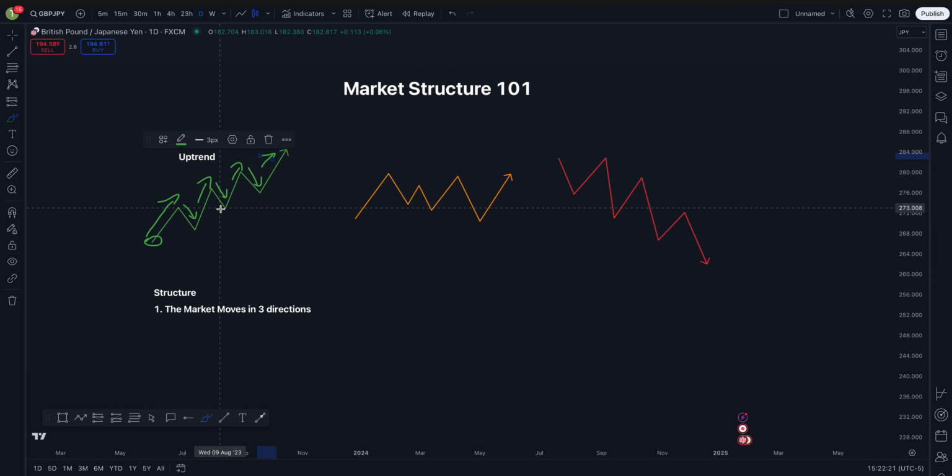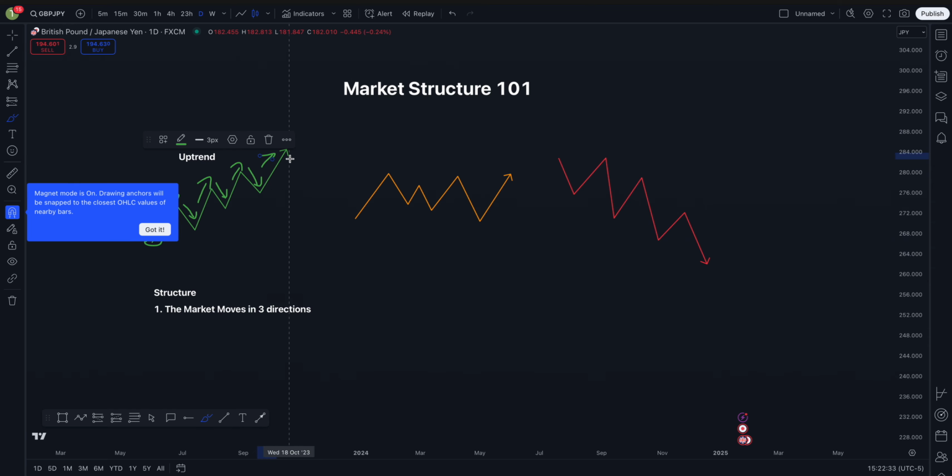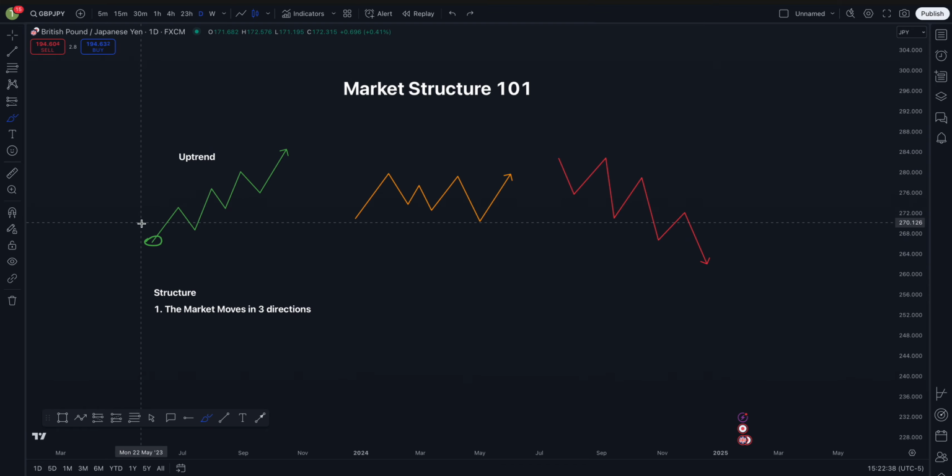So what we're identifying right here is an uptrend, because each time that the market pushes, it makes a small pullback, but then continues to push. And this is what we call an uptrend. So what is happening is that the candles are actually moving in an upward direction.